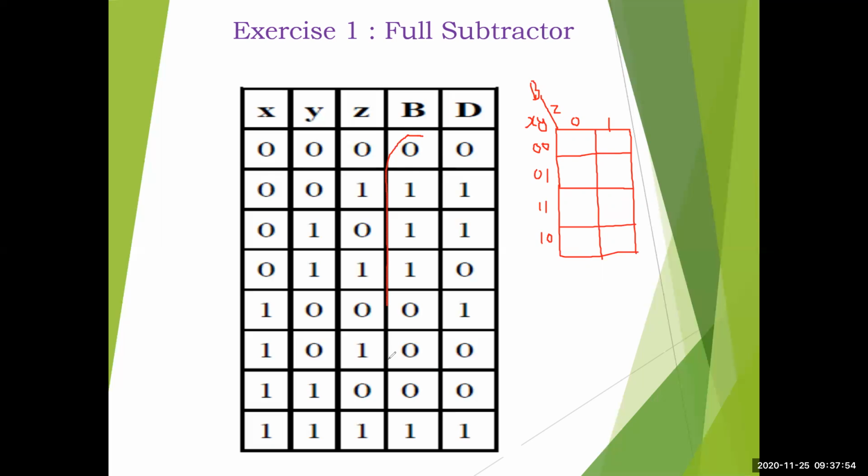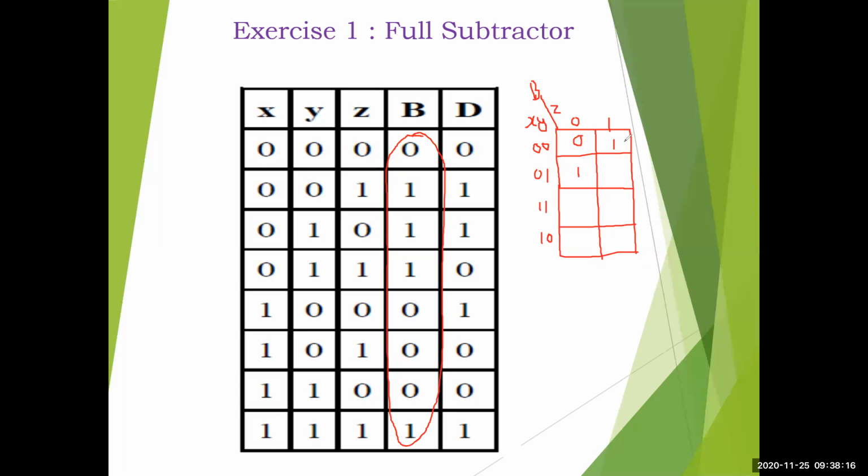The b column we will fill with the corresponding input combinations. What is 0 0 0? It is 0. Next 0 0 1, it is 1. Next 0 1 0, you are getting 1 here. Next 0 1 1, again you are getting 1.